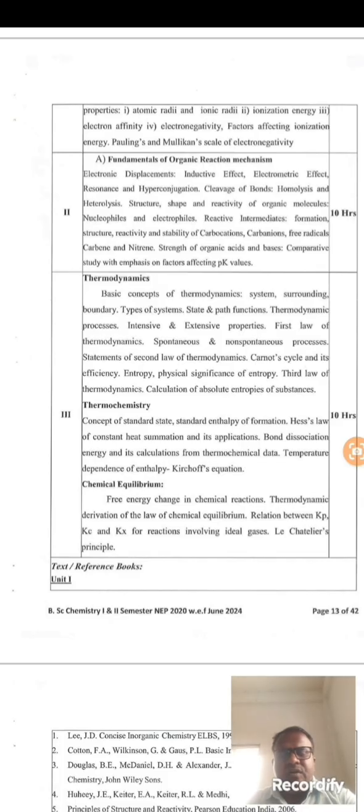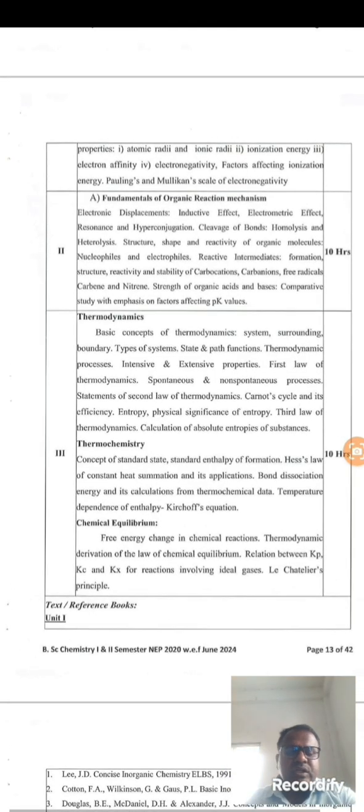So these are the first chapter, second chapter and third chapter, and the contents of the syllabus of BSc first year semester first, fundamentals of chemistry first. We have discussed these contents in today's lecture.